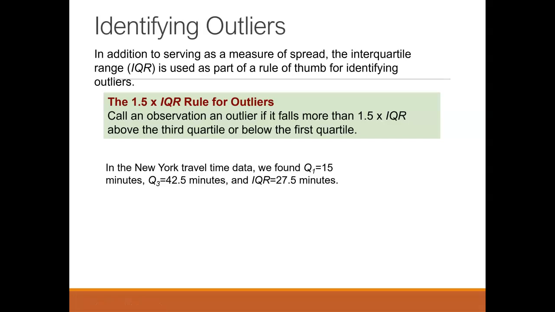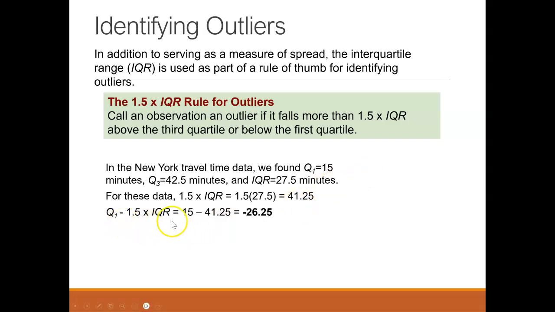So returning to that previous example, Q1 was 15 and Q3 was 42.5 and our IQR was 27.5. So if I do 1.5 times the IQR, I get 41.25. If I take my Q1 and subtract that 1.5 times the IQR, I get negative 26.25.